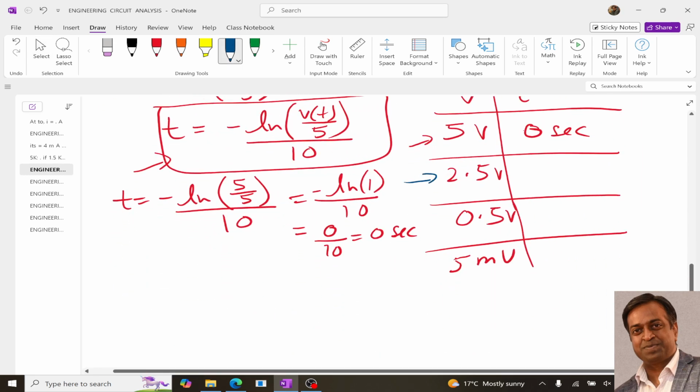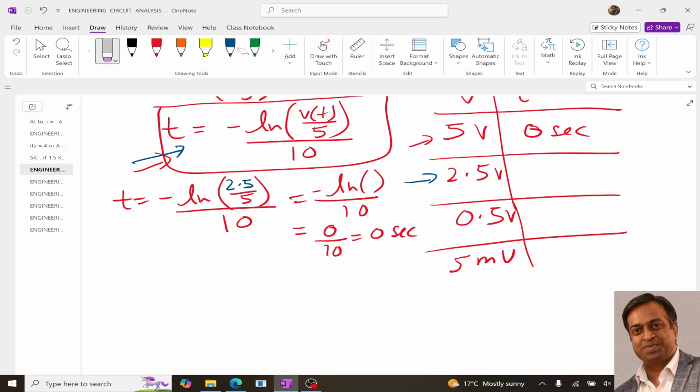So over here again using this same formula, instead of this 5 we will have 2.5, and if it is 2.5, then this will be 0.5, right? So 0.5, this term will be 0.693, right?